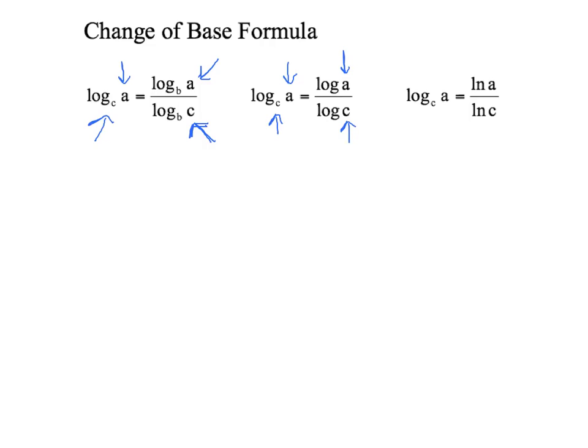Or log base c of a could also be written as the natural log of a over the natural log of c. I can choose any base I like. Typically, the bases that I'm going to choose are going to be bases that I can use off of a calculator. And so more than likely, we'll be using the change of base formula to convert on over to common logs and natural logs, which are base e.